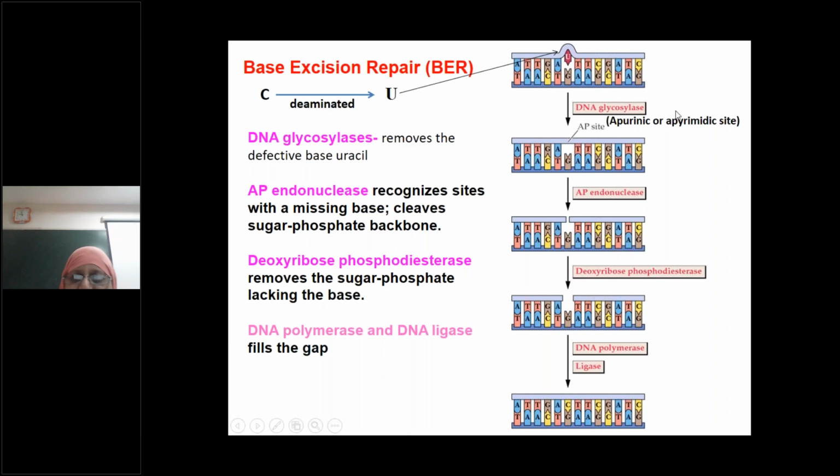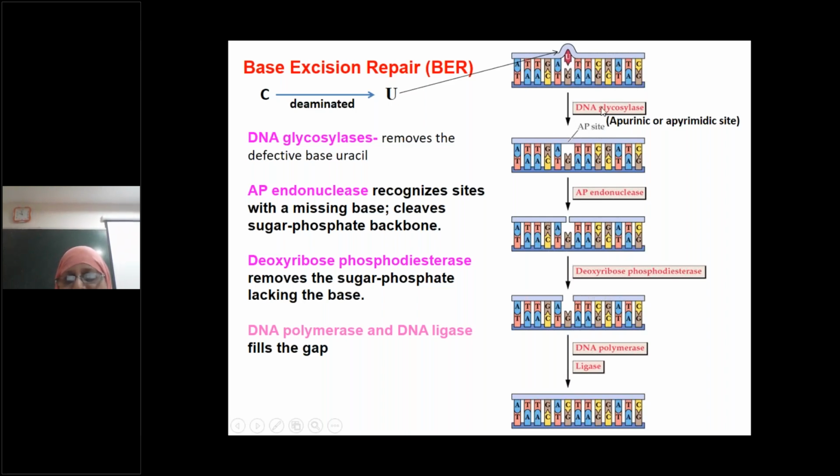Here in this figure we show how a damaged base is replaced. Here is an example of cytosine which has been deaminated to uracil. This U represents the uracil that has occurred instead of cytosine.